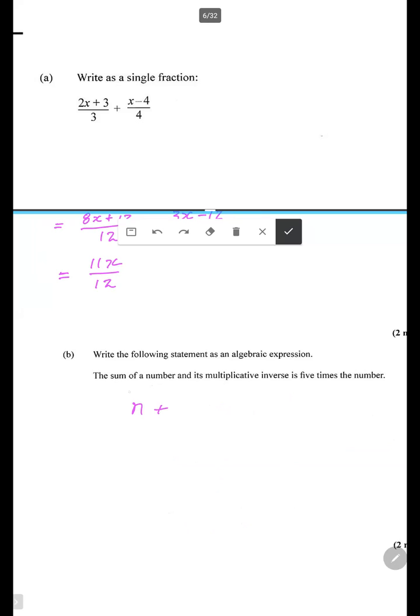The sum of a number and its inverse is equal to 5 times the same number. So that becomes the equation: the sum of a number and its multiplicative inverse is equal to 5 times the same number.